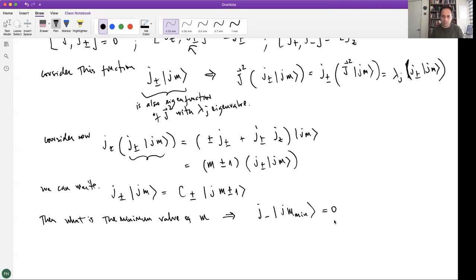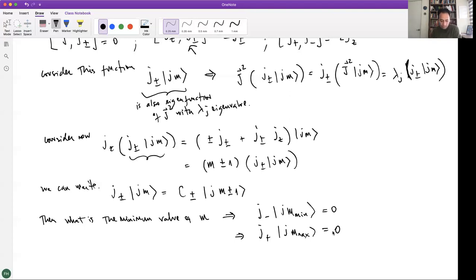Because if M is constrained and J minus lowers the value of M by 1 unit, then acting on the minimum it has to give you 0. And you must have a similar thing for the maximum value. So J plus acting on J M maximum also has to be equal to 0. So you have to satisfy this constraint.